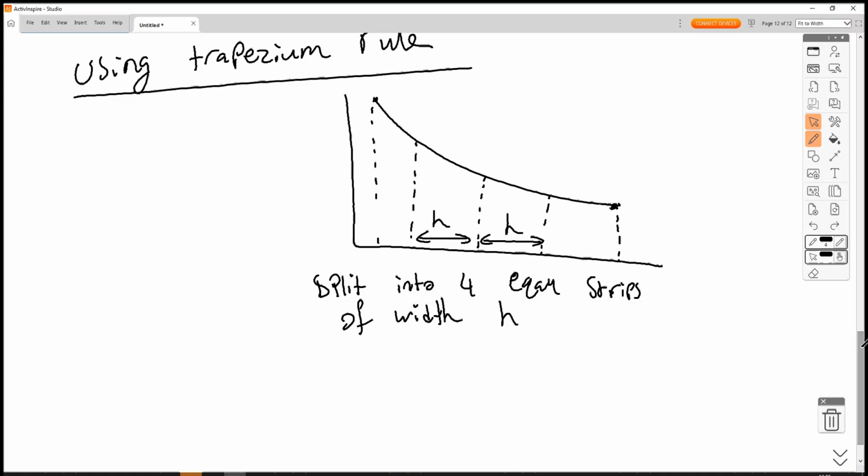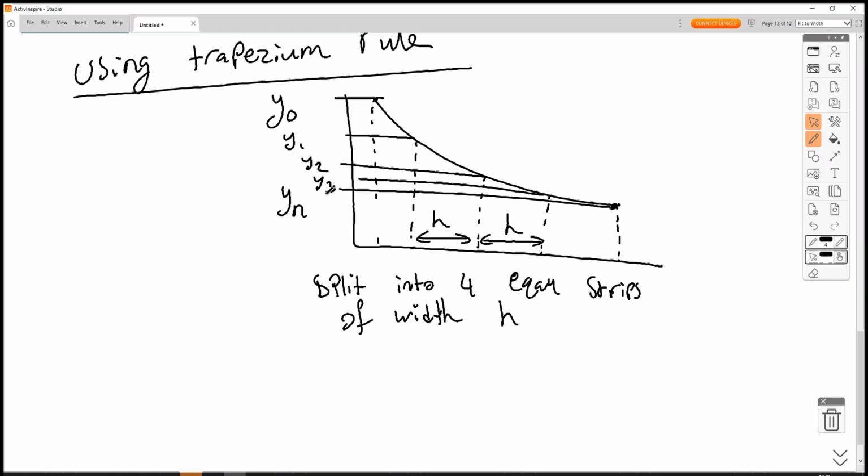Then we want to read our values for the y-axis. So here we'd have y0, and at the bottom we've got yn, then we've got y1, y2, y3, etc. Now if you have more strips, then you can go on forever. In this case, my yn is just y4.